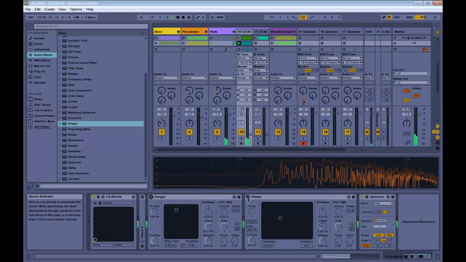So now let's move over to the phaser. The phaser is a little different because you're adjusting a frequency. It's actually a little more subtle, isn't it?